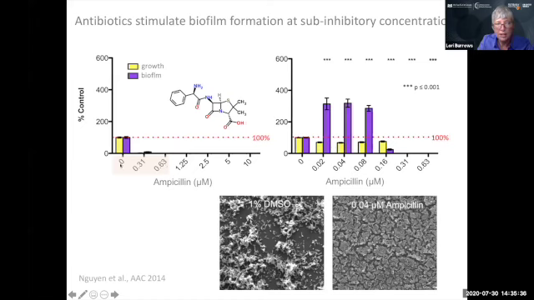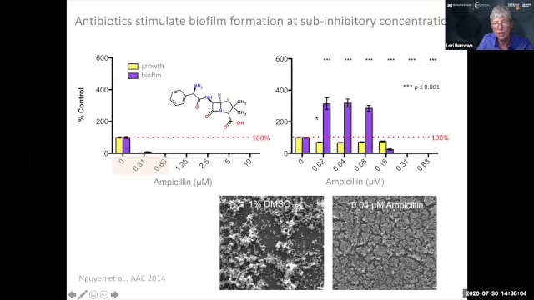So we decided to take this range right here at the lower end of this concentration spectrum and expand it a little more. So this graph over here starts at the highest concentration of 0.63 and goes down. And what we saw, to our surprise, was that when you dilute the drug below the MIC, you don't just get the same amount of biofilm as control, you actually get more biofilm than the control.